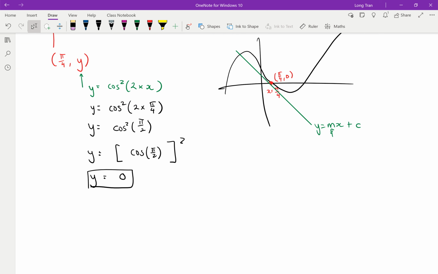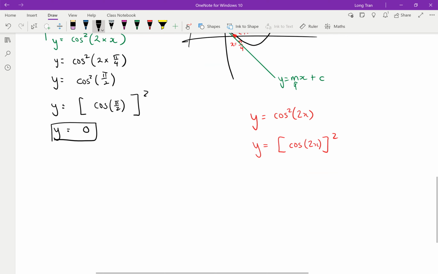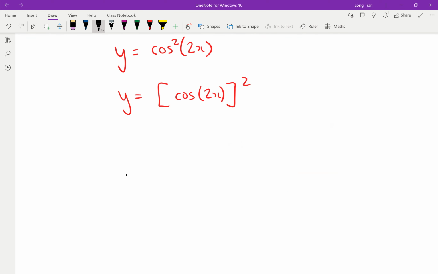Our equation was y is equal to cos squared of 2x. Another way of writing that is y is equal to whatever cos of 2x is, and you're squaring that entire thing. Then your job now is to find the derivative, dy/dx is what you want. When I look at that, to me it's a chain rule problem.